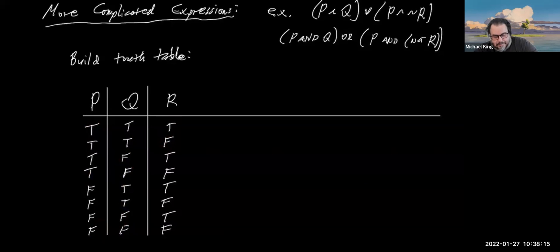Okay, and then if you want to actually build the truth table, you have to build it in steps, right? So we could make a P and Q column.